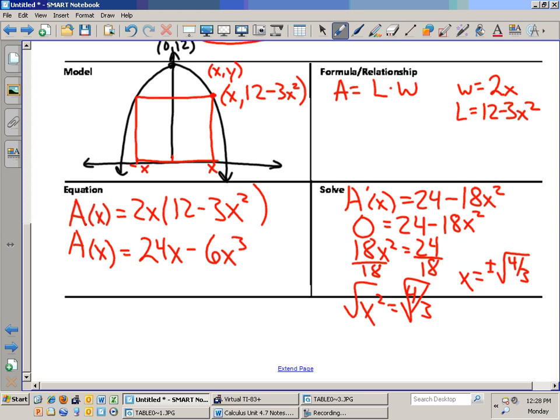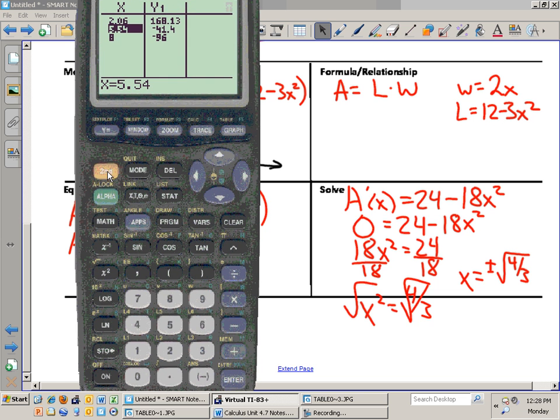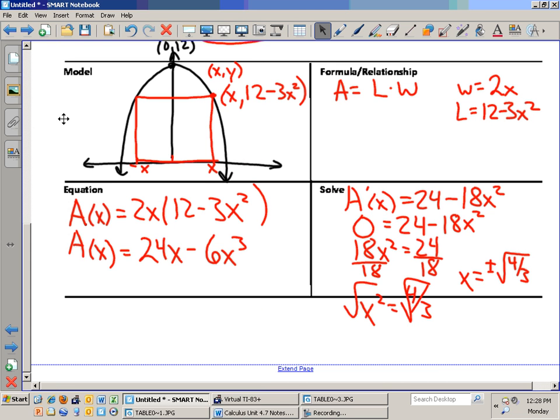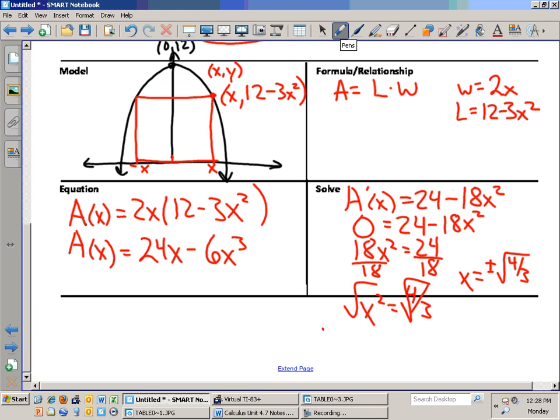Now, I need x to be a positive value, but in this case, it also represents the negative in the other way. The fact is that x is the square root of 4/3. I should probably come up with a decimal for that. And if I do, I get square root of 4 divided by 3, I get 1.15. So x is 1.15.